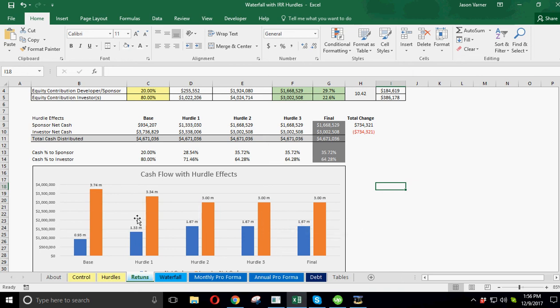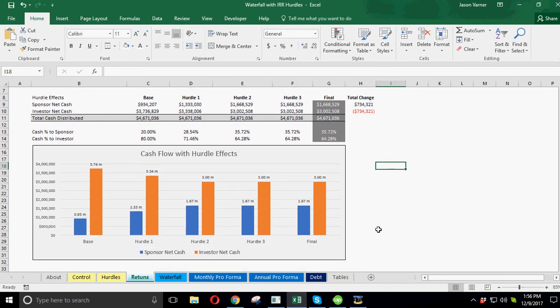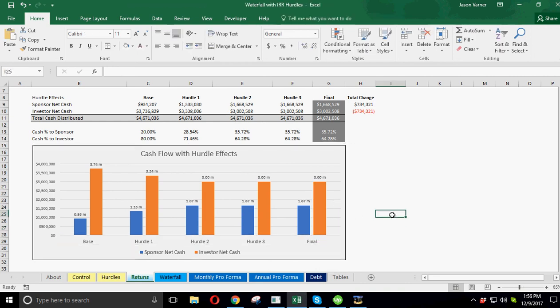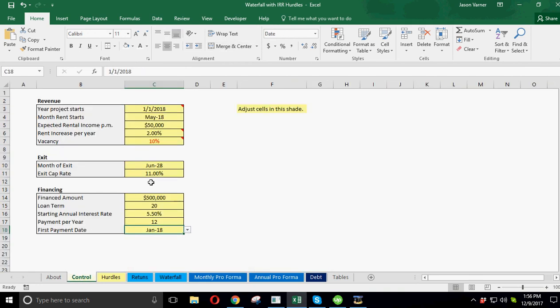Which here you can see we only got the hurdle 1, so that's what the final ended up being. So that's a good thing to show investors. They can really see how things change, what the final cash split's going to be, assuming these assumptions, what the internal rate of return is, the return per year, years held, all that, and all that changes with these assumptions.